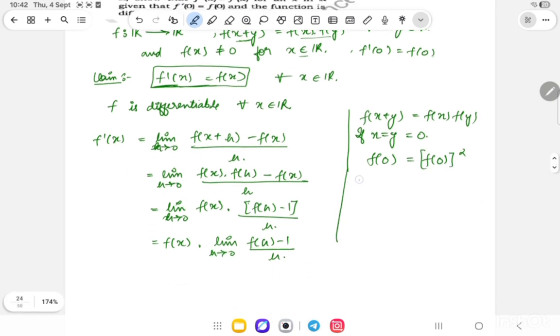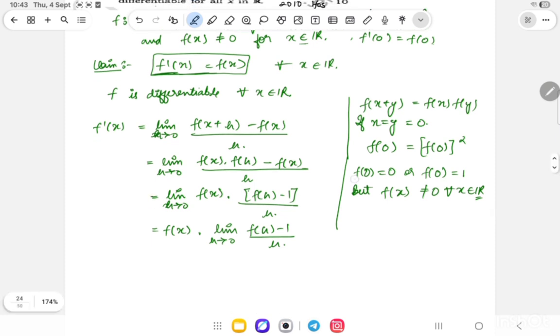So from here I'll get f of 0 equals 0 or f of 0 is equal to 1, but in the question it is given that f of x is not equal to 0 for all x in R, that is f is taking non-zero values for all x in R, so my f of 0 cannot be equal to 0, so I can discard this case. So from here I'll get f of 0 as 1.